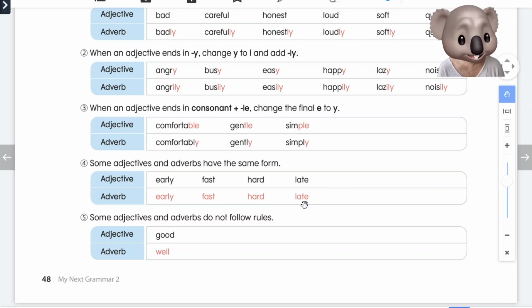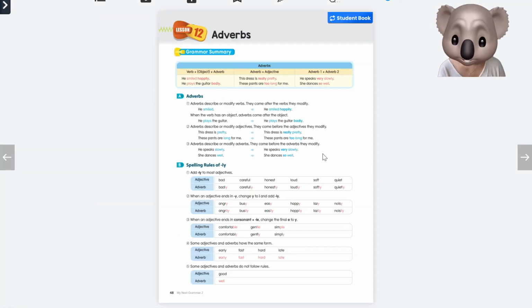Late as an adverb is 늦게. Last, we have adverbs that do not follow the rules. For example, the adjective good would be changed to well in an adverb. So we would not say, she sings good. She sings 어떻게? Well.